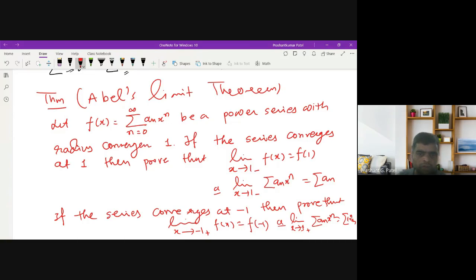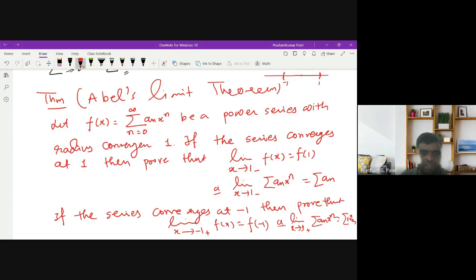Now here, why have we taken this left hand limit and here a right hand limit? Because you know that the radius of convergence is 1, so the interval of convergence is minus 1 to 1. That is the interval of convergence of this power series. And the question is, what will happen at the end points?